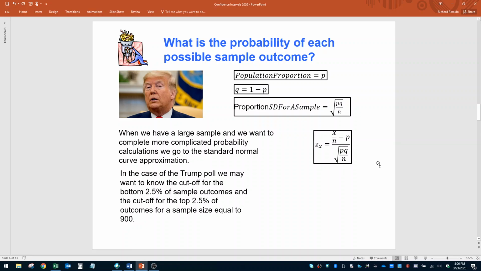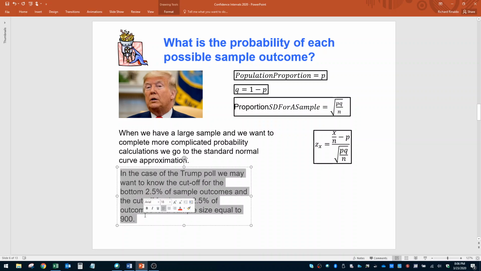And to ease those calculations, I'm going to use the standard normal curve to calculate cumulative probabilities. The cumulative probability that I want to know is the cutoff from that normal distribution for the bottom 2.5% of possible outcomes, which would be 0 saying yes, 1 saying yes, 2 saying yes, up to whatever that cutoff is out of the 900 who say yes.